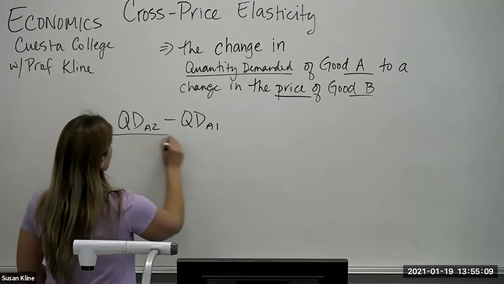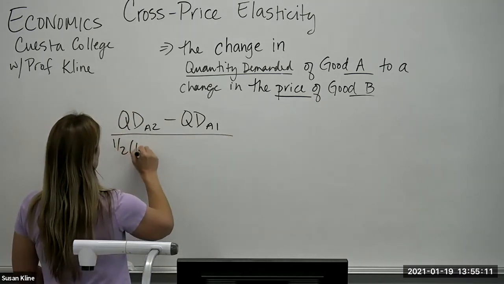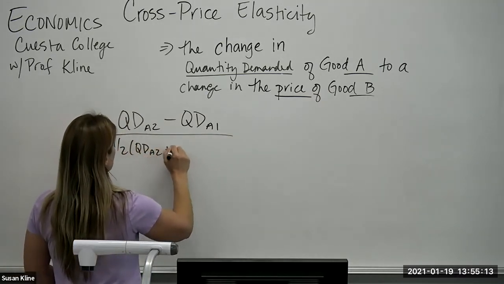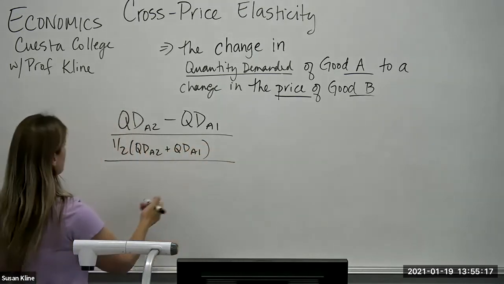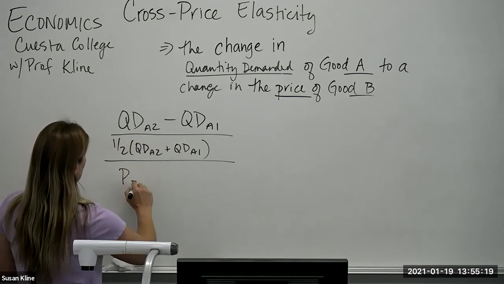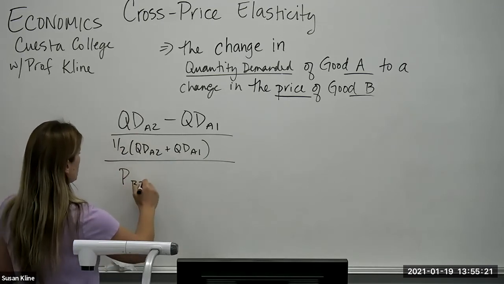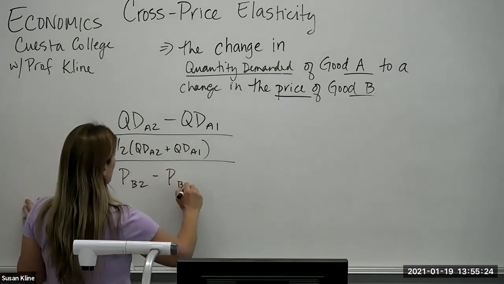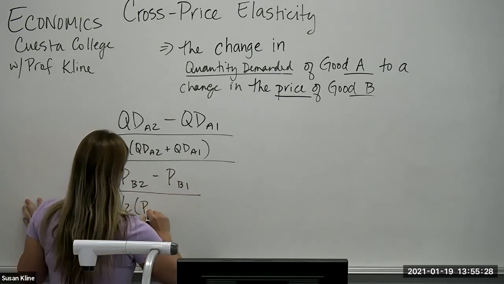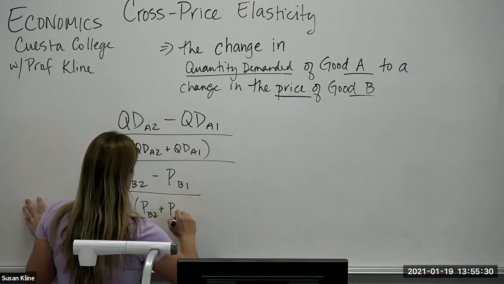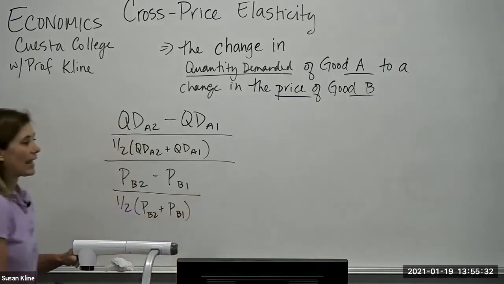All right, so again, it's going to be the halfway point between these two. That's our numerator. And then price, I'm going to put the price of B2 minus the price of B1, and again, the halfway. So the easiest way to understand these a lot of times is with an example.